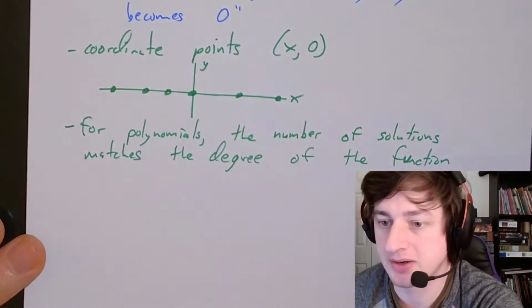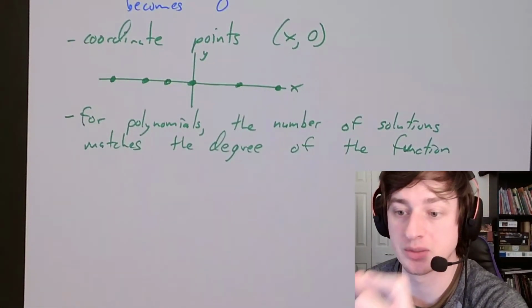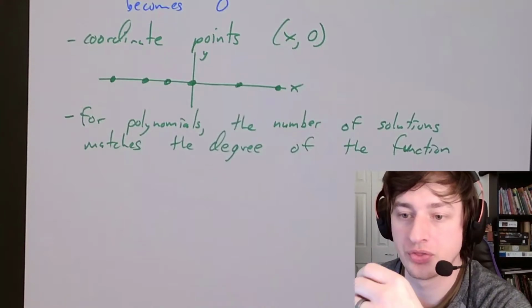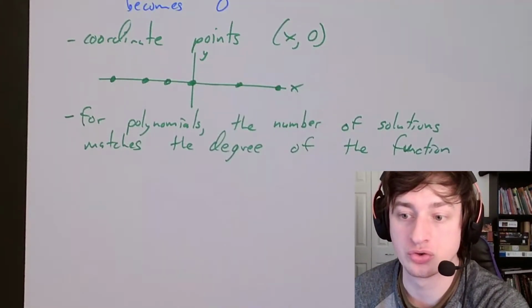So if you remember back to the beginning of the unit when we talked about the leading coefficient and the degree being the biggest exponent, the number of solutions is directly related to the degree of the function.